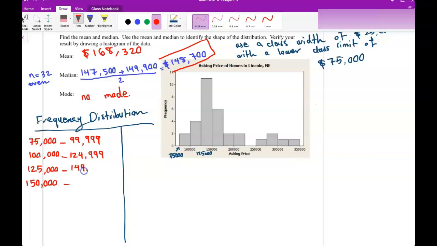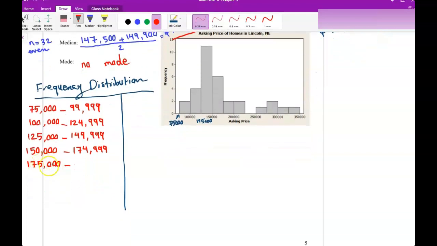This is 149,999. $174,999. I'm subtracting 1 from this part to find that class. So here is 199,999.